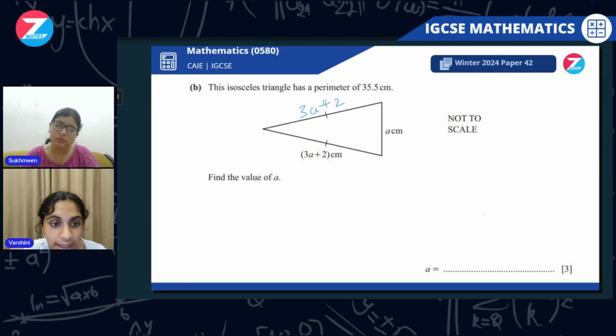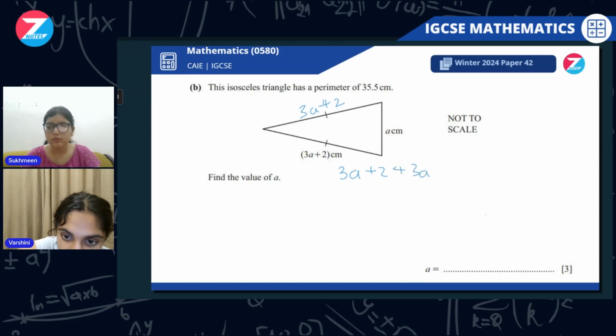And we also know that the total perimeter is 35.5, which is this side plus this side plus this side. So that's going to be 3a plus 2 plus 3a plus 2 plus a equals 35.5.